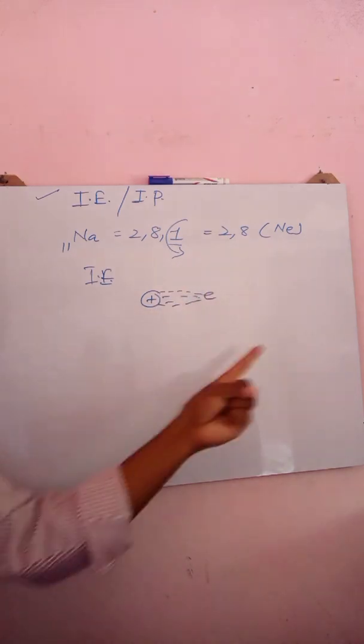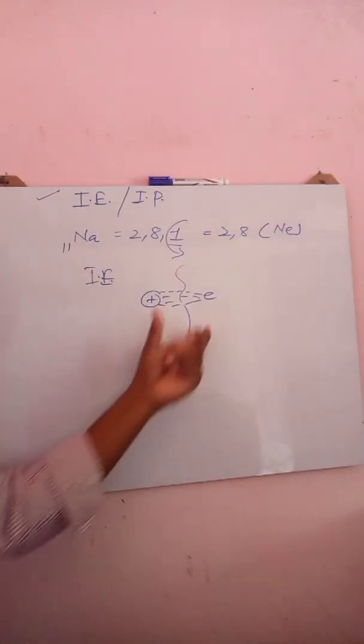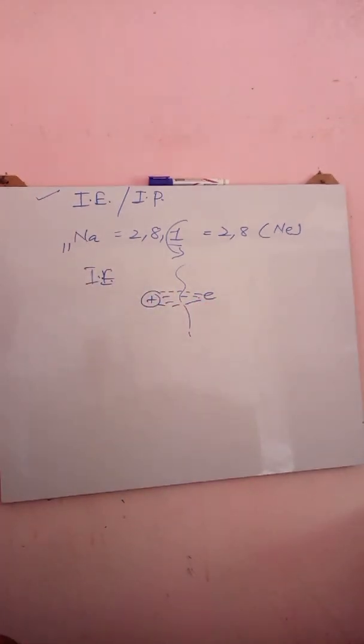So to remove the electron from the grip of the nucleus, we have to supply energy so that this force of attraction can be overcome. That's why energy is required to release the electron. This energy is known as ionization enthalpy. I hope you people understood.